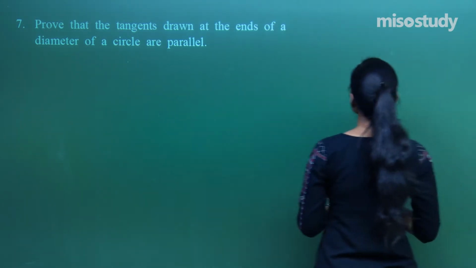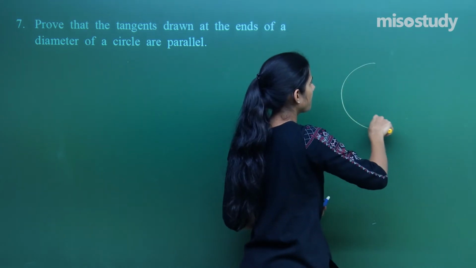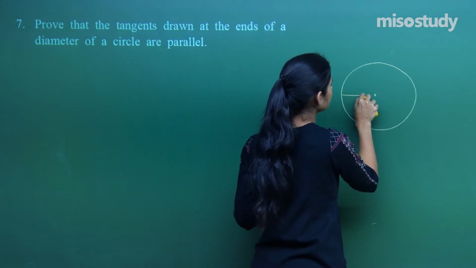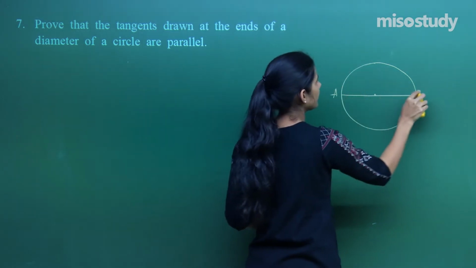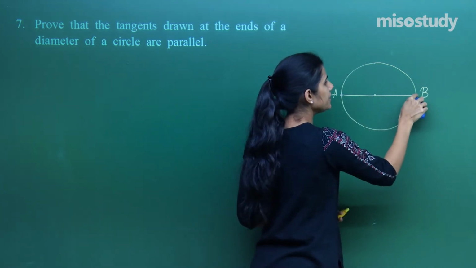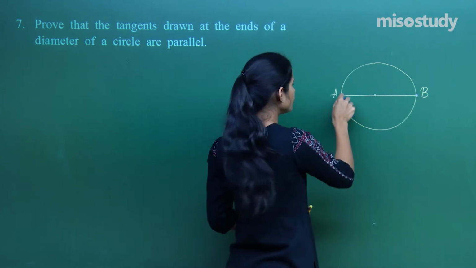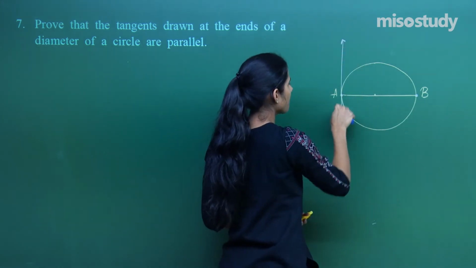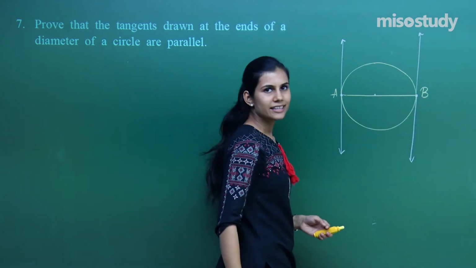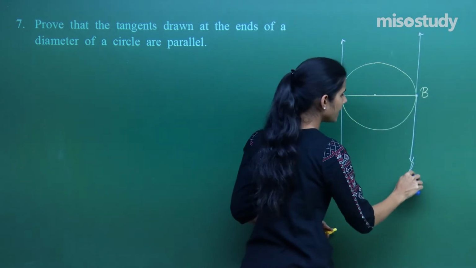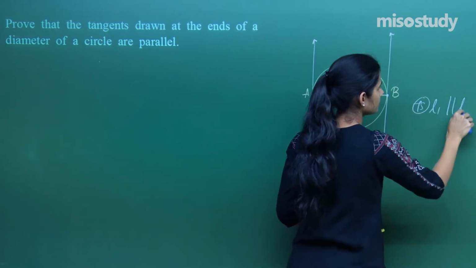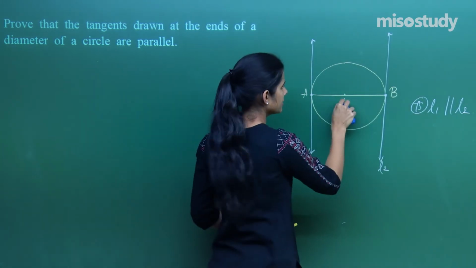If you have a circle and you take a diameter, so this is A, this is B, then with A as the point of tangency and B as the point of tangency, if you draw 2 tangents to this circle, then they will be parallel. So I have to show L1 and L2 are parallel. Fine, this is the center.